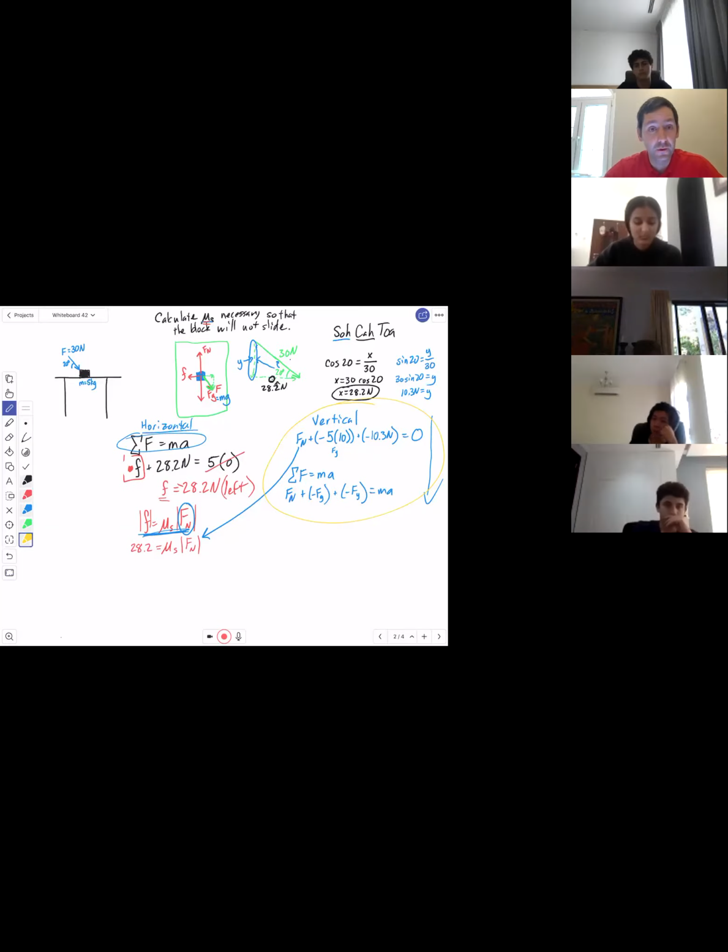Has anybody solved for the normal force there? You should be able to solve for it now. You got all the numbers in there. So you add the 10.3 to the other side, add the 50 to the other side. The negative force of gravity, wouldn't it be positive 10, right?